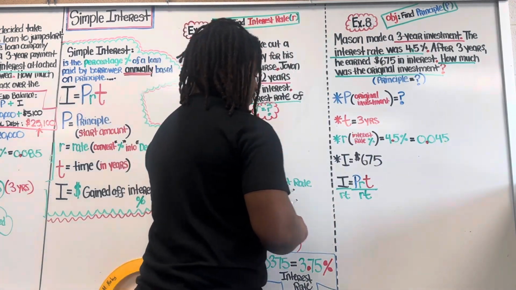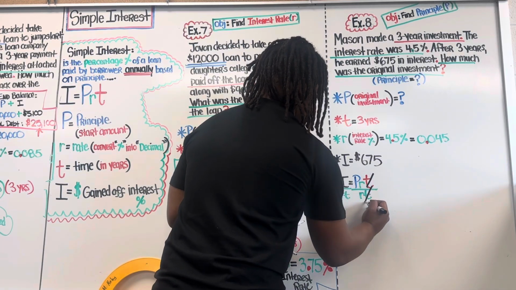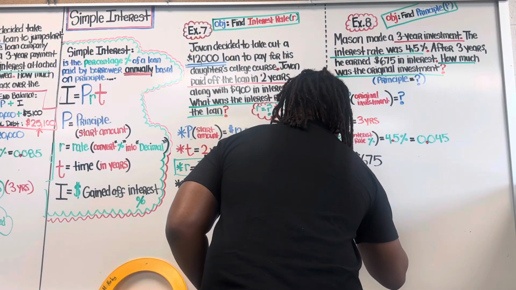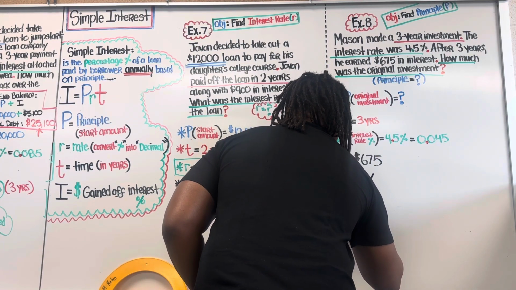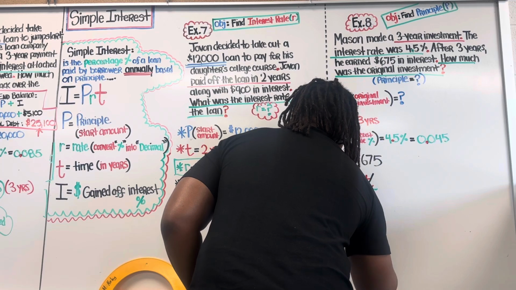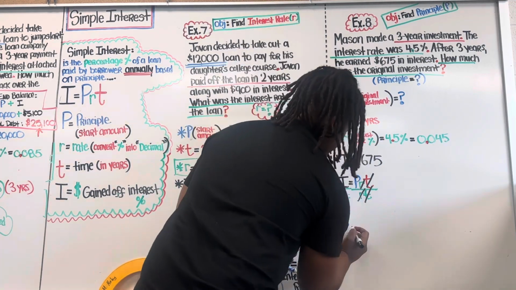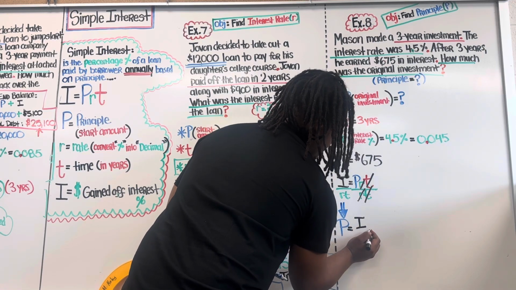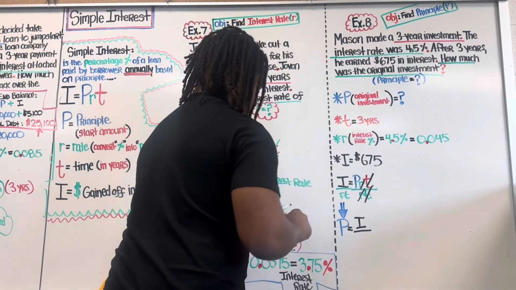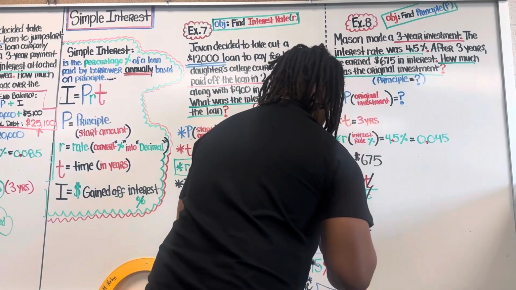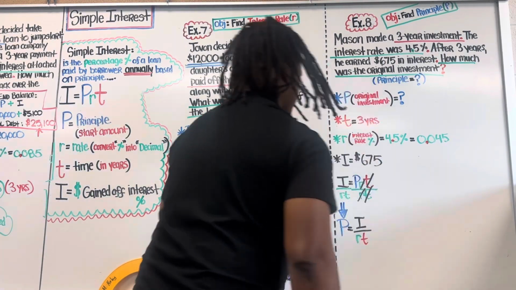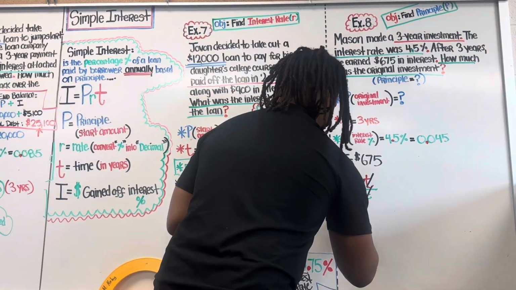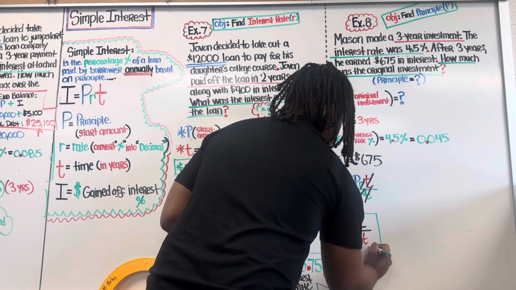As we can see, T cancels out with T, R cancels out with R. Now this is the formula to find the principal, or the original investment: P equals the interest that's added divided by the interest rate times the number of years. That is the formula we're going to use to find P.